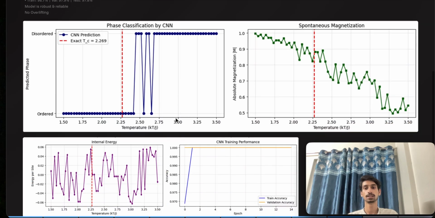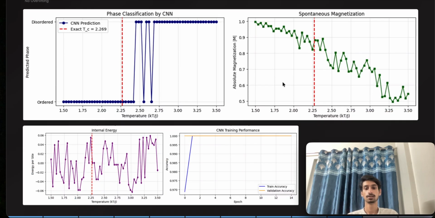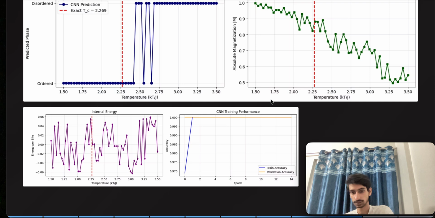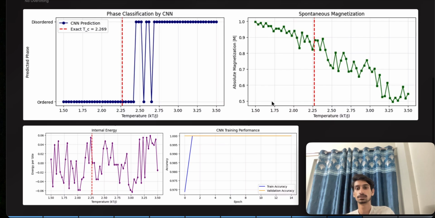So in the second graph, we can read that below the critical temperature, which is 2.27, magnetization is approximately 0.9, which means 90% of spins are aligned in spontaneous order. So the system picks one direction, up or down.